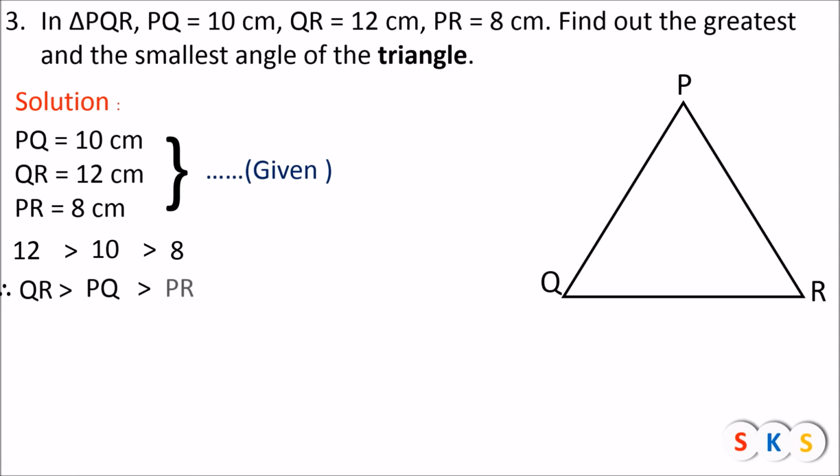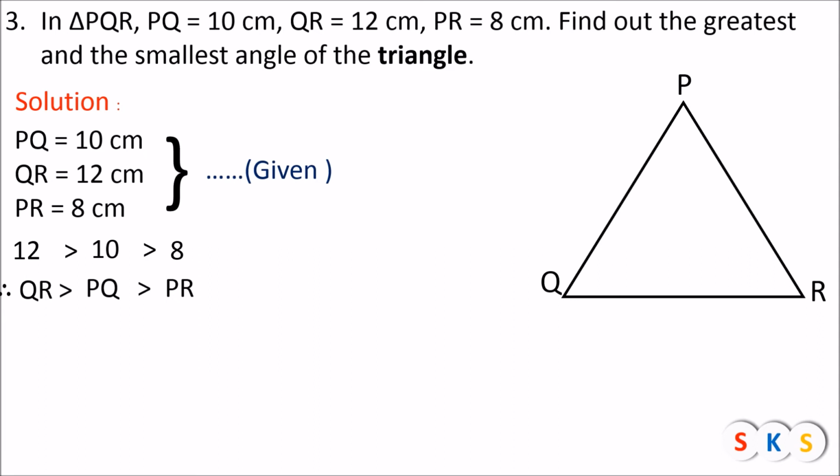Now we know that angle opposite to greater side is greater. So which side is greater over here? QR. Which angle is opposite to side QR?